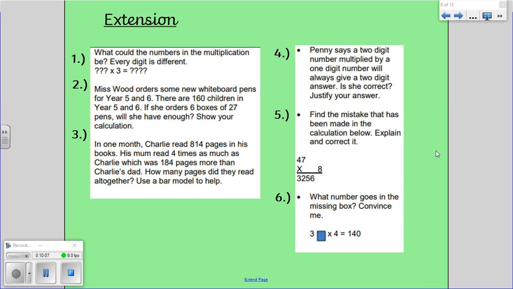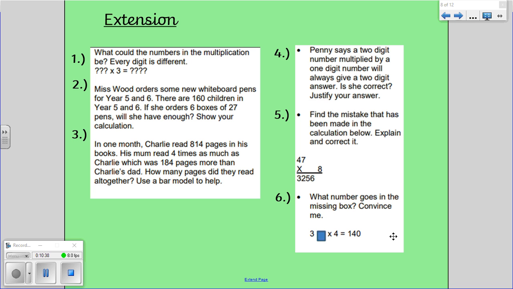So now, if you've finished your worksheet, you might want to challenge yourself even further by completing these extension questions. So we've got some more word problems over here, and here are some reasoning questions for you to do, and I can see some key vocabulary in these questions that you need to think about when you're answering. So: justify your answer, explain and correct it, convince me.